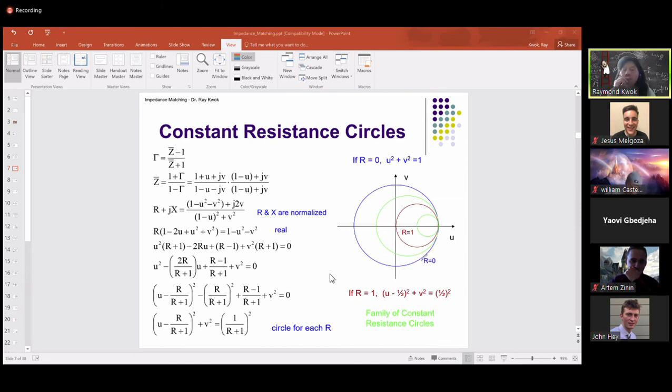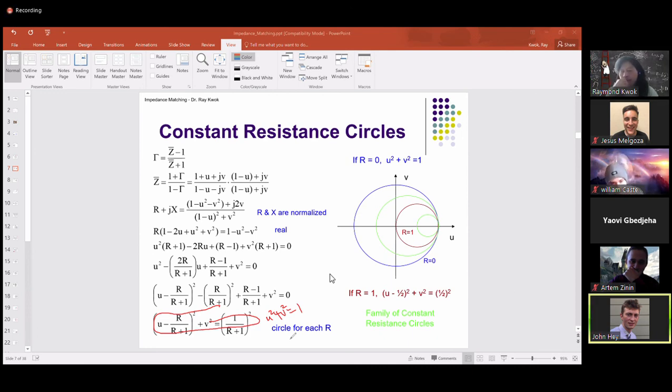Okay, let me think about this. R equal to 0, isn't that a point? It's a circle. And if you plug R equal to 0 into this formula, that's a good question, you will get U squared plus V squared is equal to 1. Right? You get a circle.